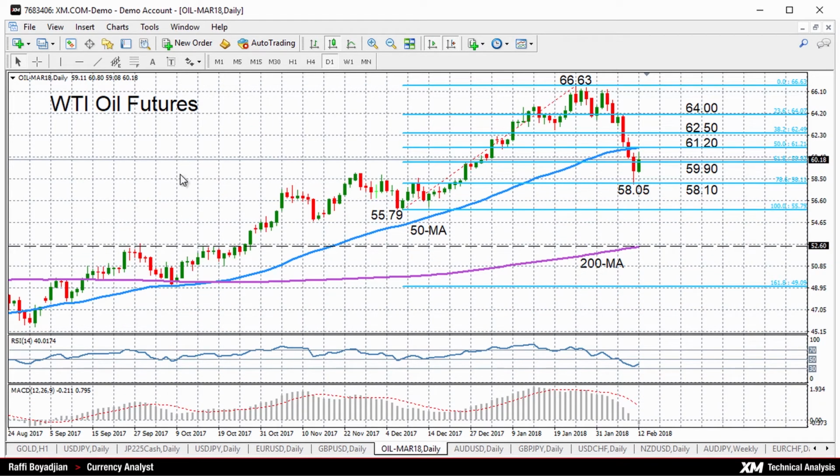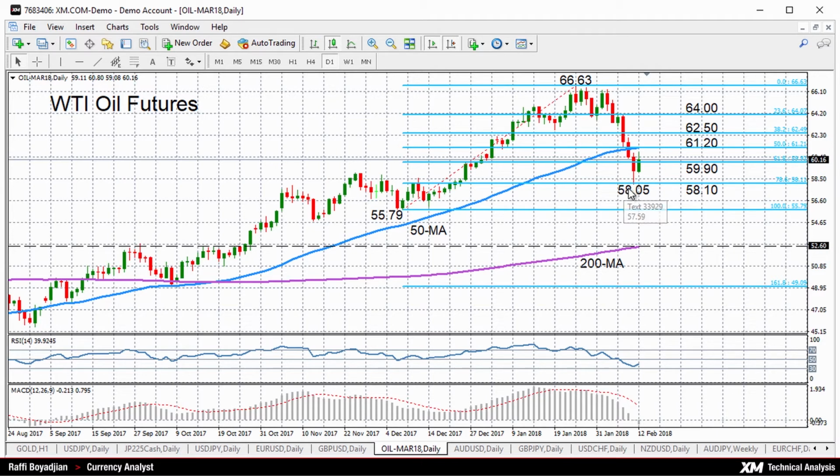And finally, let's have a look at WTI oil futures, because prices did slip to a 7-week low of 58.04 on Friday. That was just below the 78.6% Fibonacci retracement of the up leg from 55.79 to 66.63 at around 58.10.